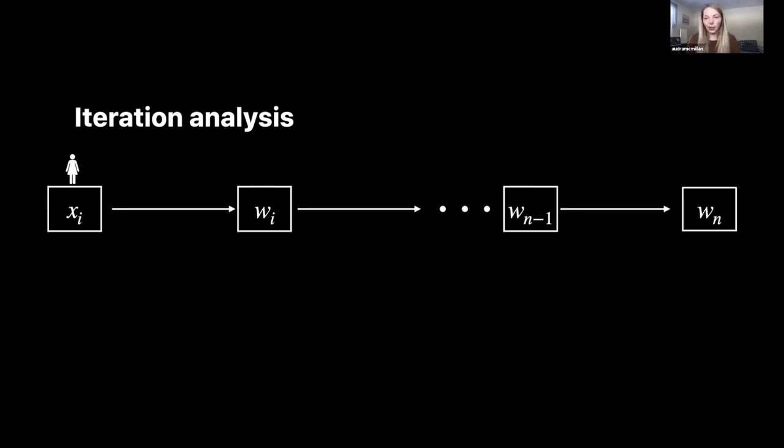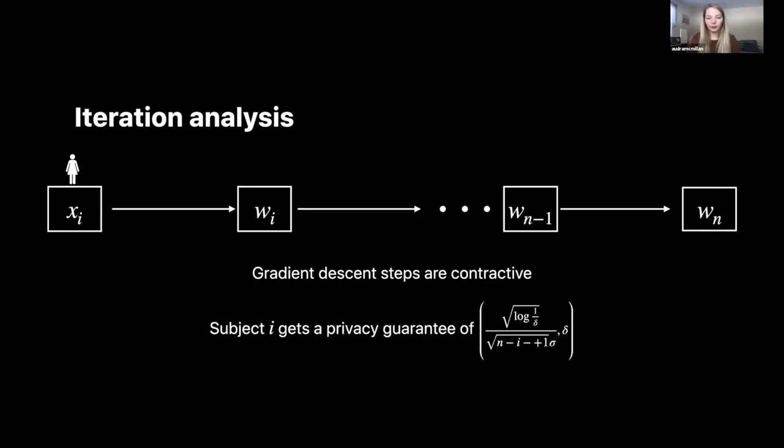So it goes through a bunch of these gradient plus noise steps. Okay, and something I'm going to state but not prove is that these gradient descent steps are actually contractive. So this is falling into exactly this category we had for the privacy amplification by iteration.